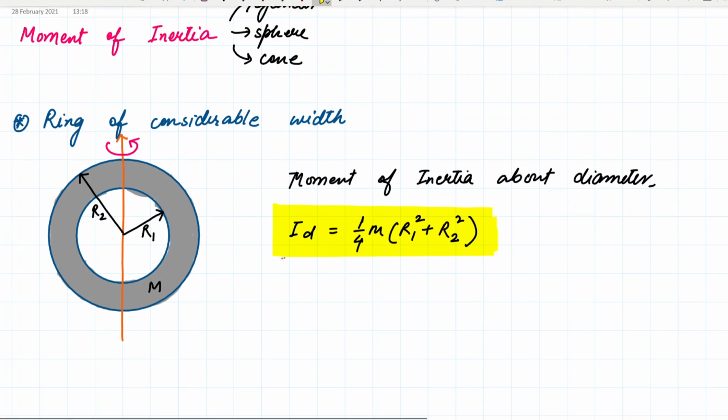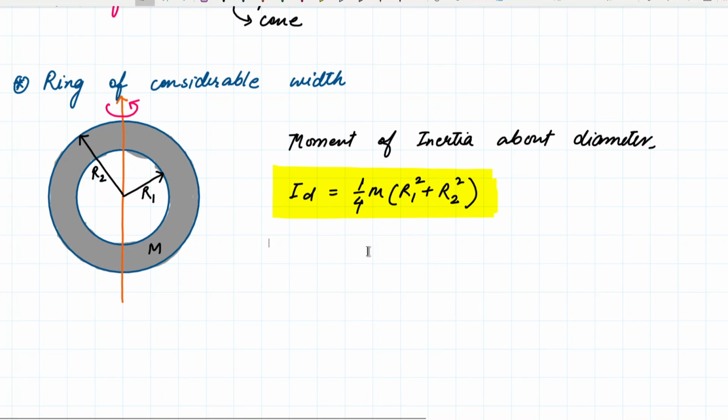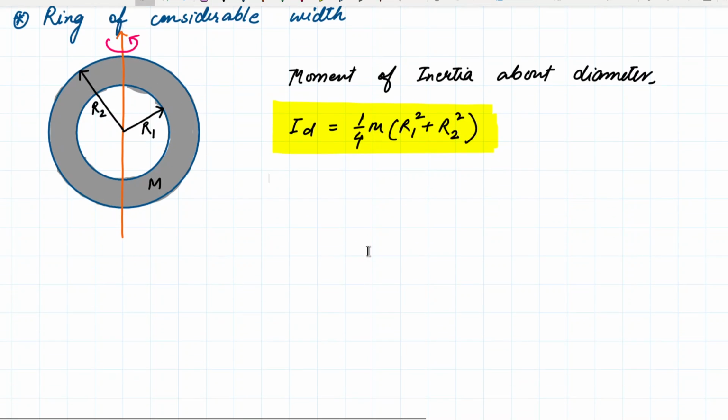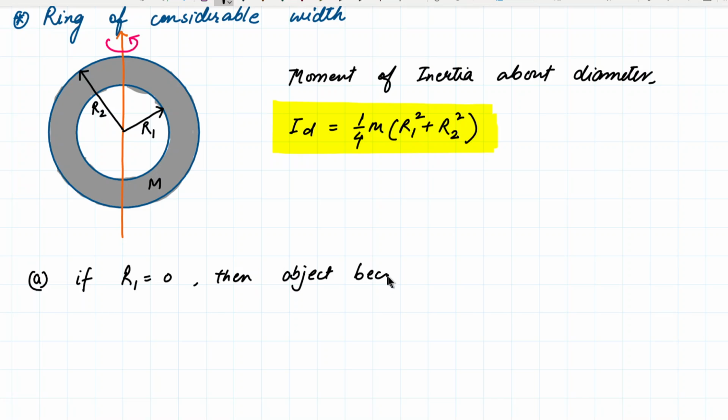So from here we can take the further analysis. For example, if r1 is equal to 0, then the object becomes a disk.